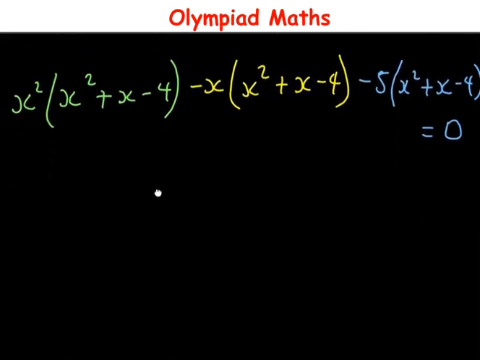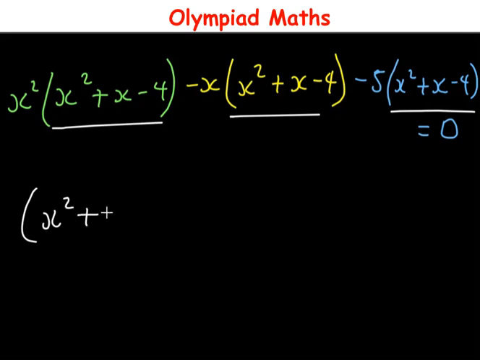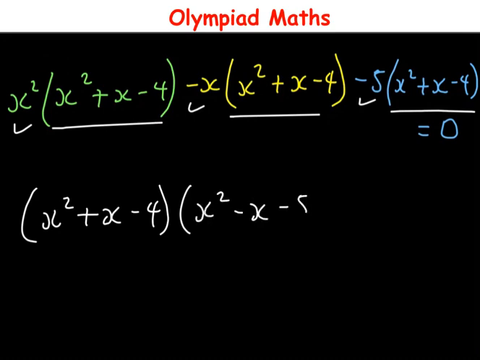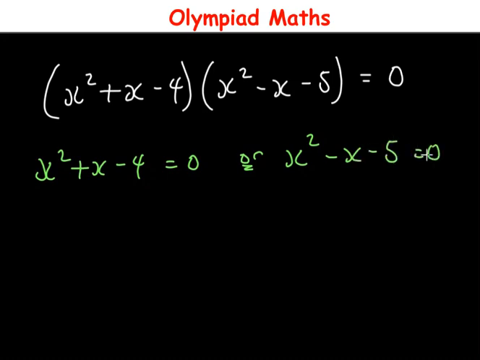At this junction, we have a common factor, which is x squared plus x minus 4. So factorize it out, multiplied by, putting these ones into one bracket, x squared minus x minus 5, all of this equals 0. At this junction, we equate these two to 0. We have x squared plus x minus 4 equals 0, or x squared minus x minus 5 equals 0.